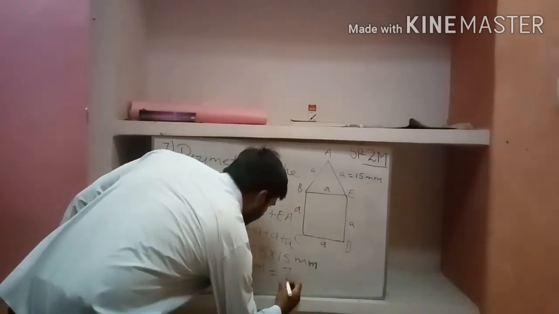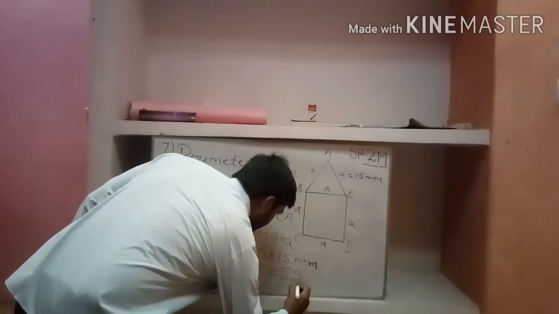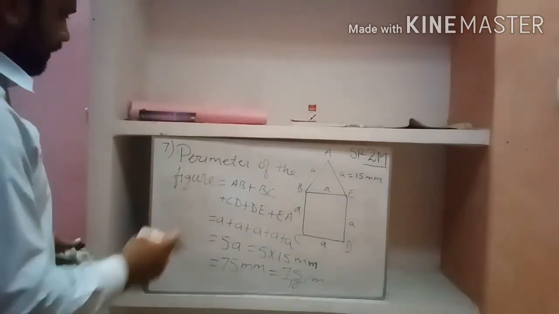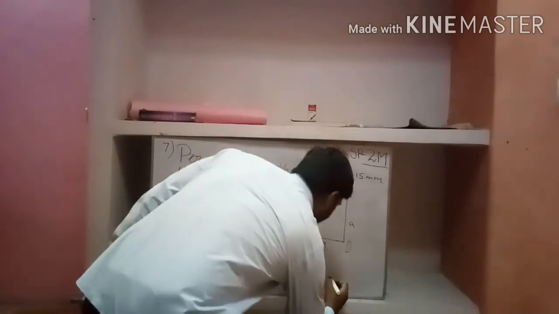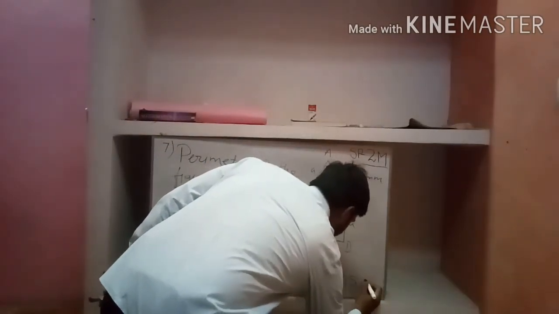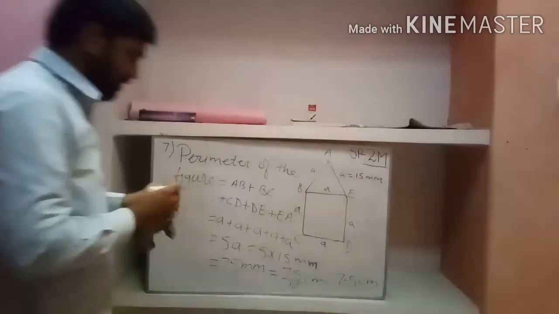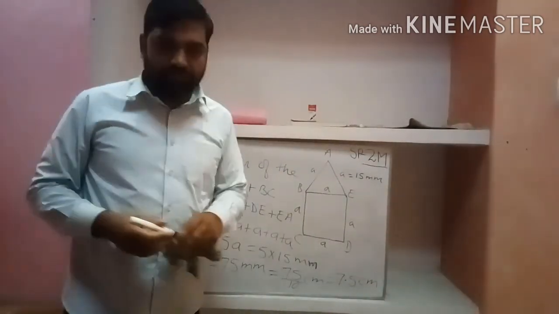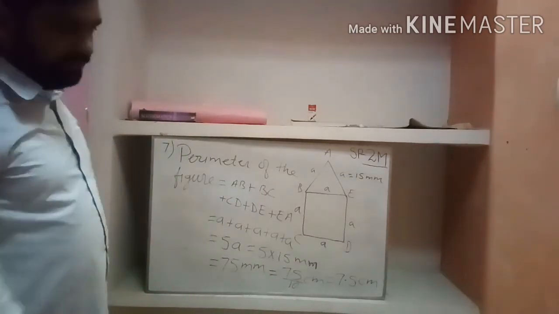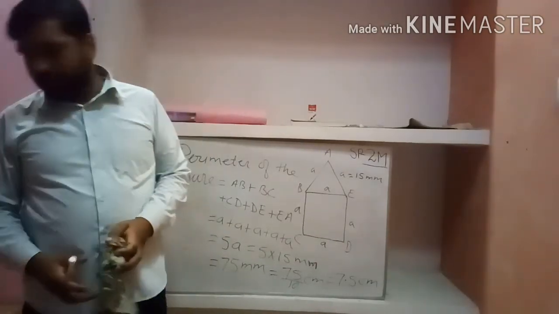So divide by 10. 75 by 10 centimeter. So finally you will get 7.5 centimeter. Okay. So this is the final answer. The perimeter of the figure is 7.5 centimeter.